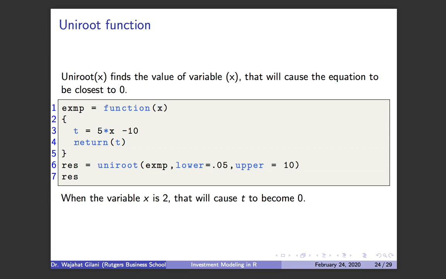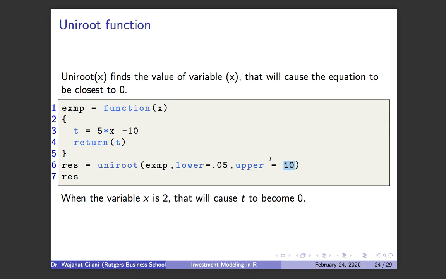The parameters it tries for x will start at the lower value, which is 0.05 in this case, and go up incrementally all the way up to the upper bound, which is 10. It will only try the values within those ranges inclusively. All right, so that is how uniroot works.